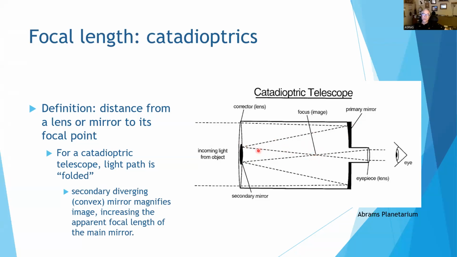So the focal point in this system is from the primary mirror off the secondary mirror to this focus here. And it's the characteristics of the secondary mirror that extend the focal length. This is why the focal length can be many, many times the actual true length of the telescope, because of the way this system works. And that's because it's got a diverging or convex mirror. Here is the secondary mirror.